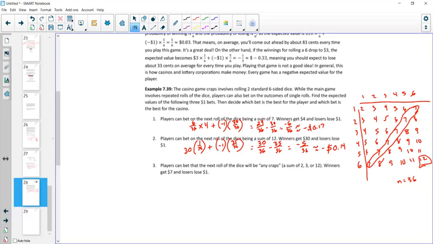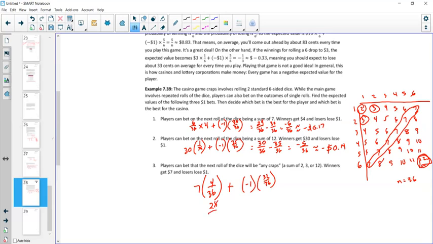And next we have players can bet the next roll of the dice will be any craps, which is 2, 3, or 12. So 4 of 36. And you get $7, plus -1 times 32 over 36.